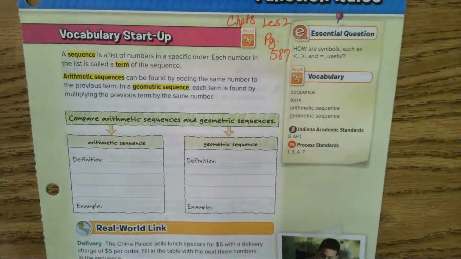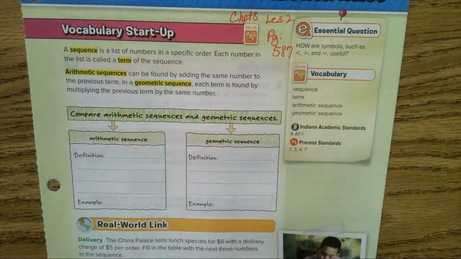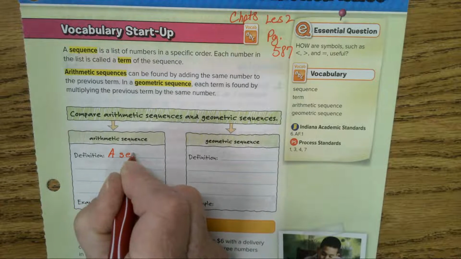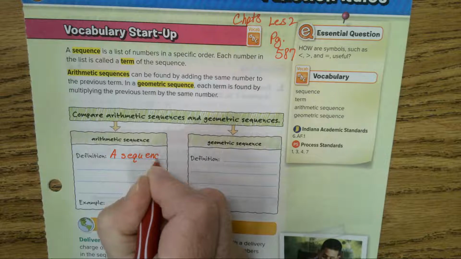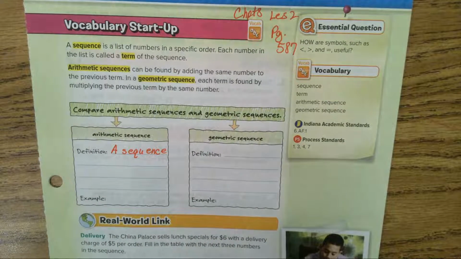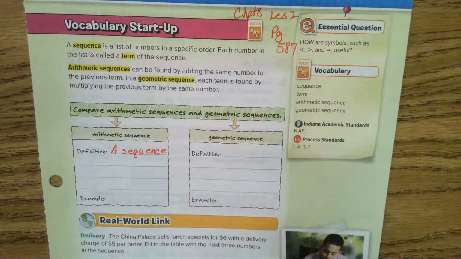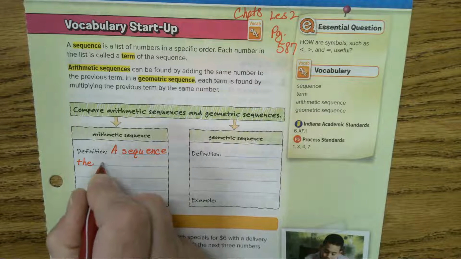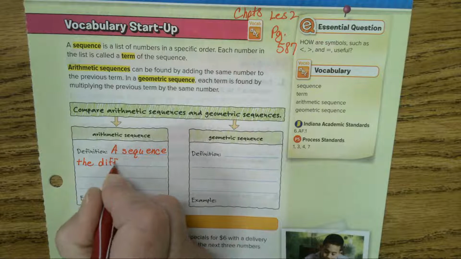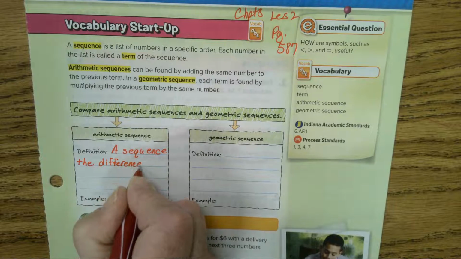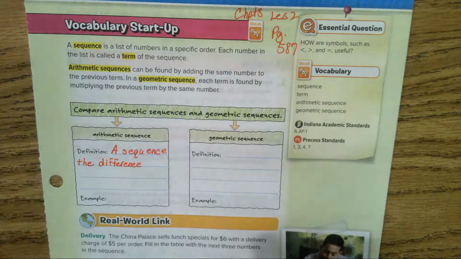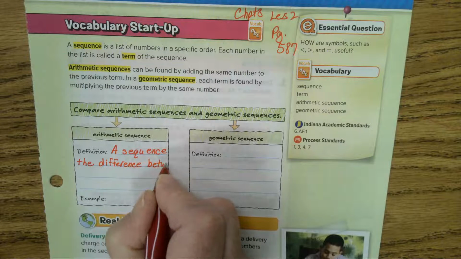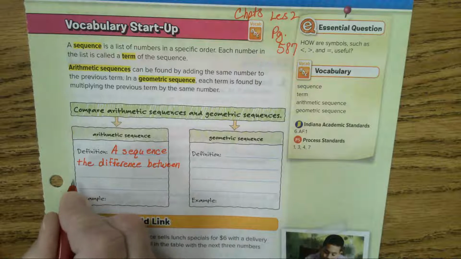So in the book, the definition of an arithmetic sequence is, let's write this down, a sequence, everyone's pencils should be moving, in which the difference between any two consecutive terms.